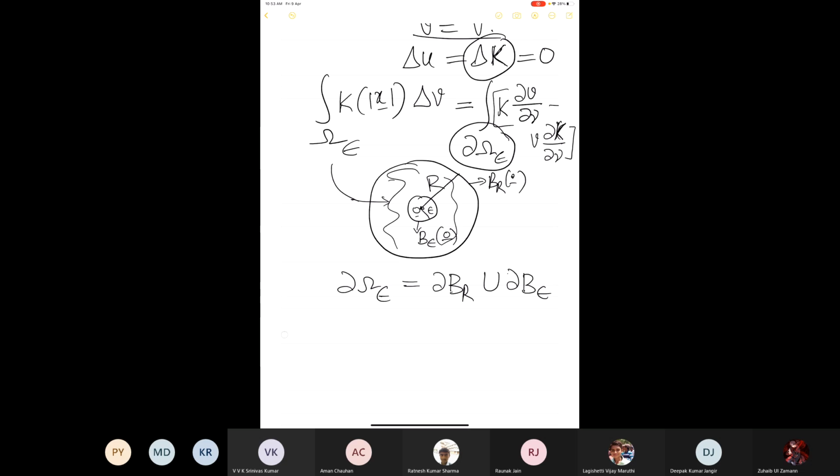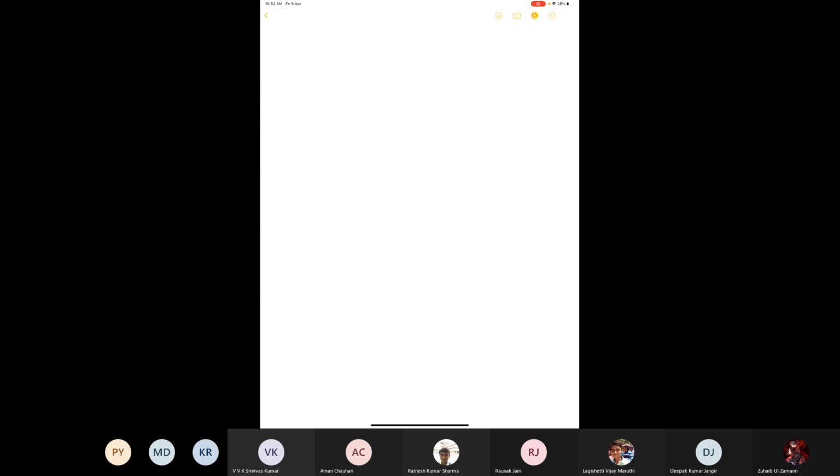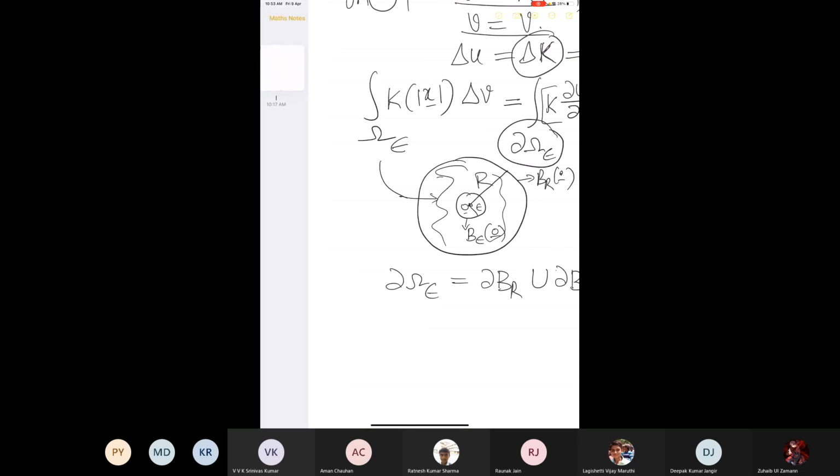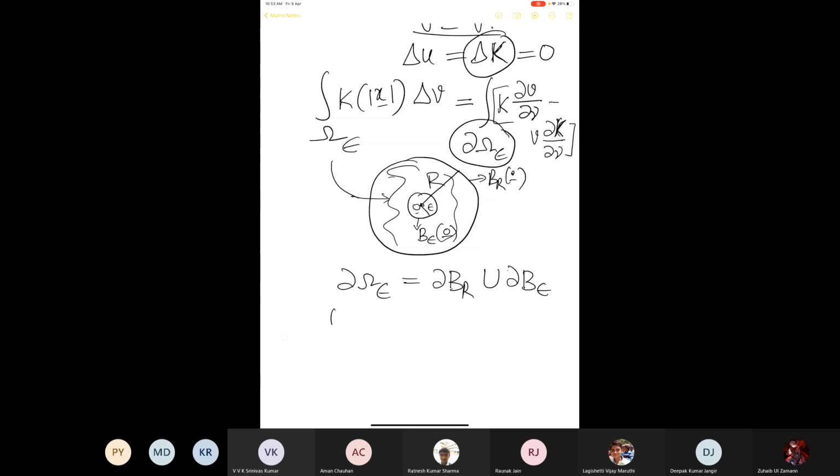So the right hand side: integral over omega epsilon of K Laplacian of V dx is equal to, we have two boundaries.